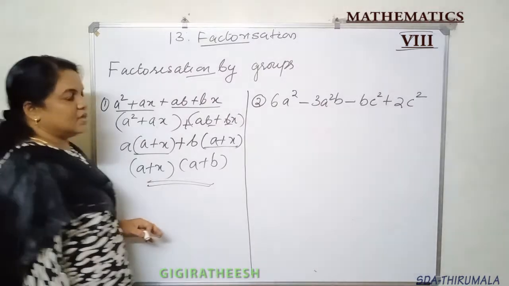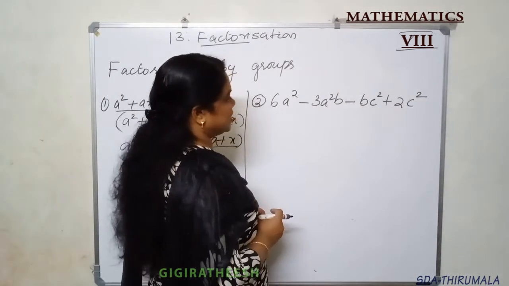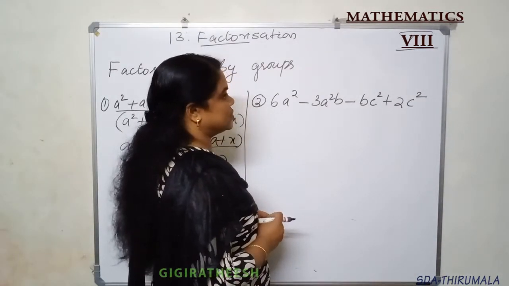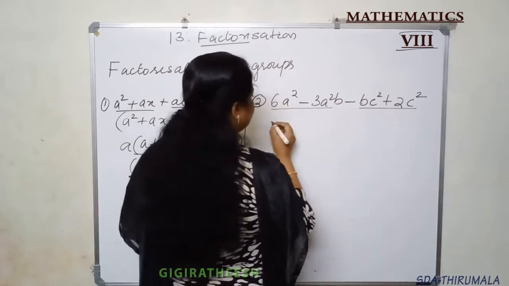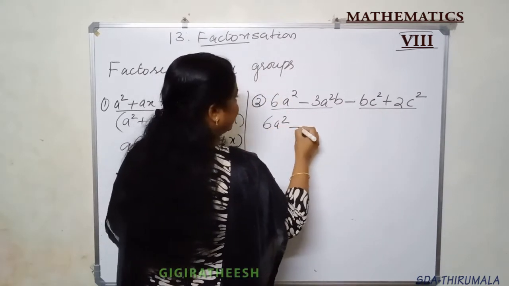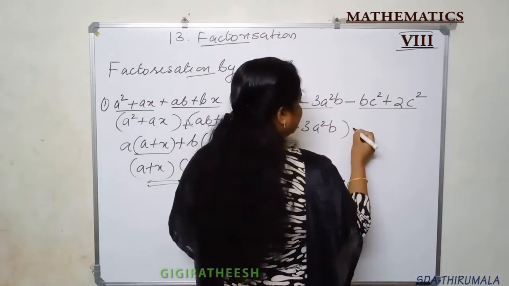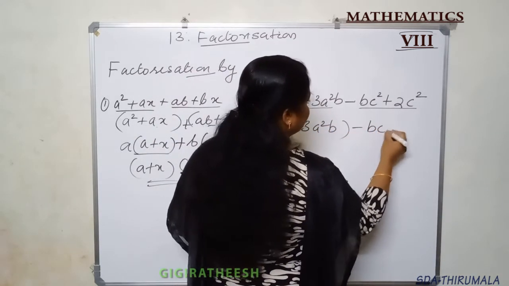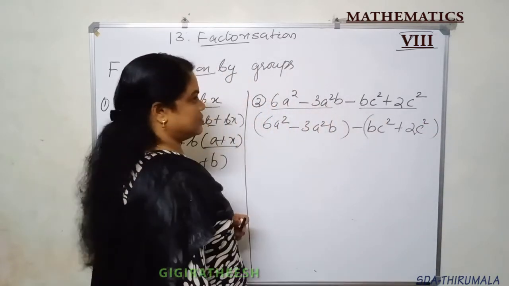You can check yourself. Now the next question: 6a square minus 3a square b minus bc square plus 2c square. First of all, take it in groups: 6a square minus 3a square b, and minus bc square plus 2c square.